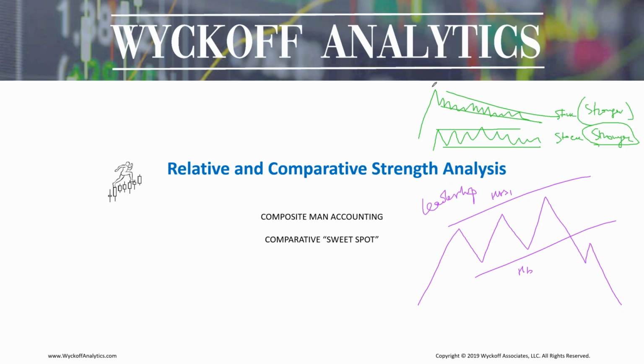Okay, how about this? The market is going up in line with the stock, so the same structure. Is the stock stronger or weaker? Same structure for the market, so stronger or weaker?